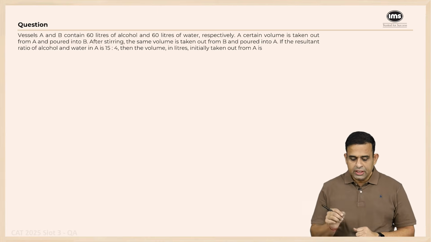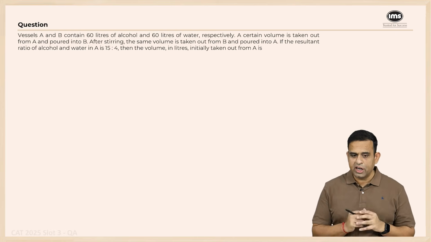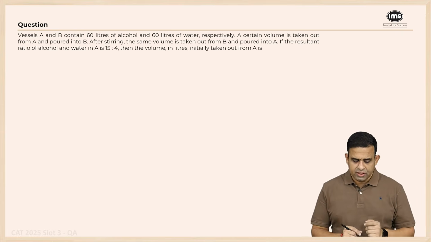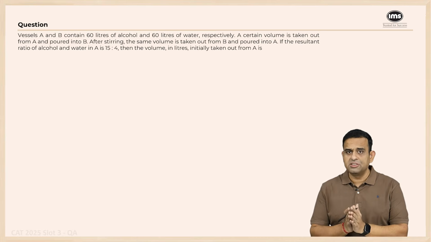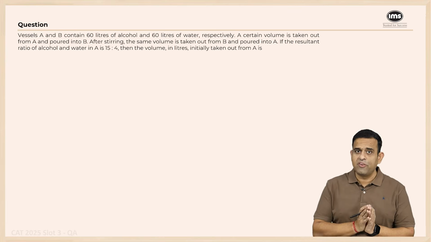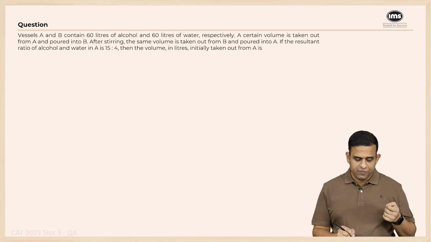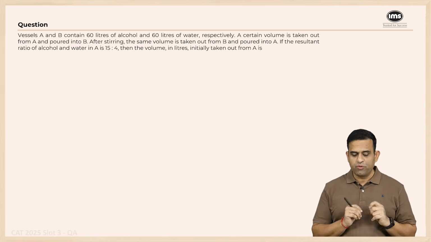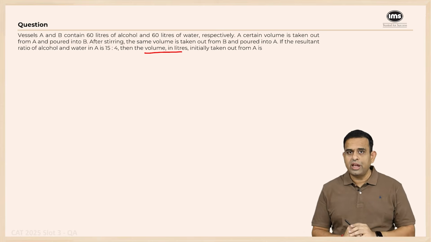A certain quantity has been taken out from A and poured into B. After stirring, the same volume, whatever you put from vessel A to vessel B, the same quantity has been withdrawn from vessel B to vessel A. Now they have given that the resultant ratio of alcohol and water in A is 15:4, then the volume in liters initially taken out from A is how much?